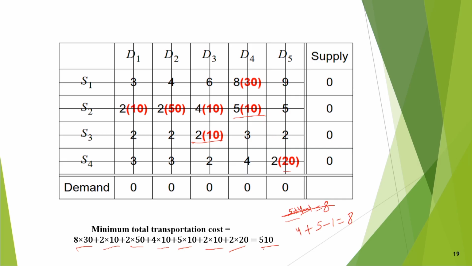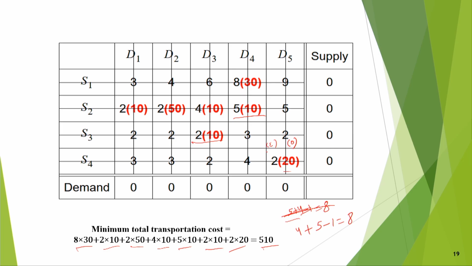So, what to do? Among these you can see the least one is 2. So, here also I can assign something, because 5, 10, and suddenly I am getting 20 here. So, why don't I put 0 here? I have put 0 units here, or if you want to avoid confusion you can say I put epsilon units here.